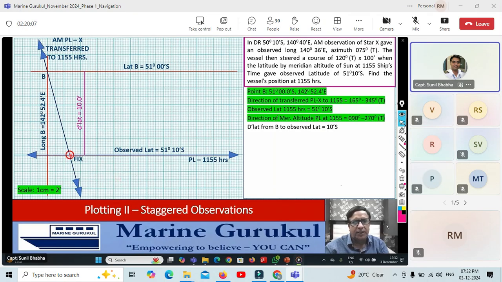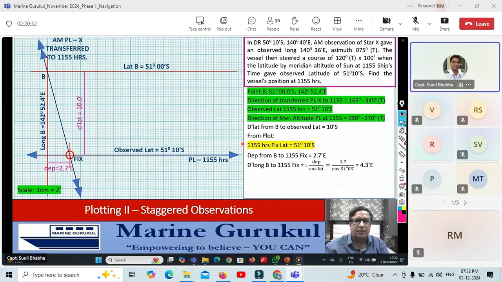Latitude is directly available on the plot. It's same as the observed lat, but we can also read off this departure from observed long to the fix. It's 2.7 minutes east. It can be much better read now with a better scale. And now we perform the same calculations as you would have performed in simultaneous observations. The calculations are coming up on the screen. You can see for yourself.